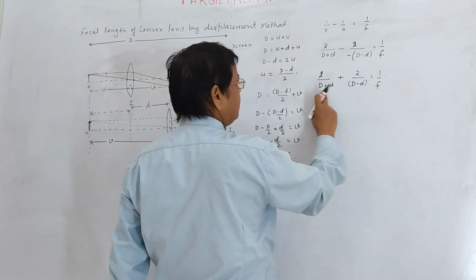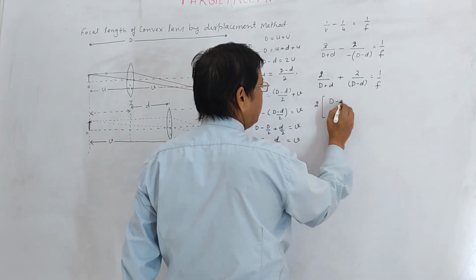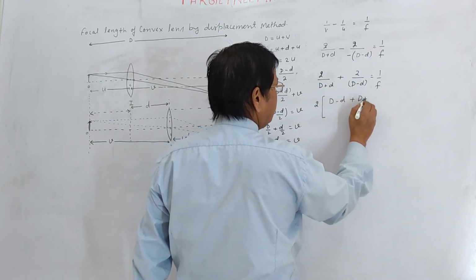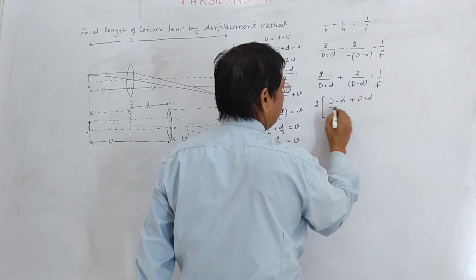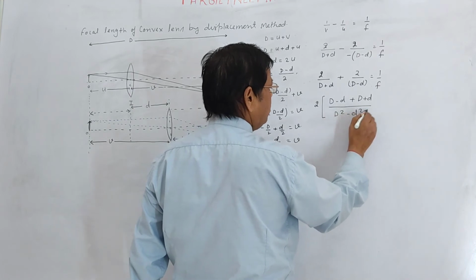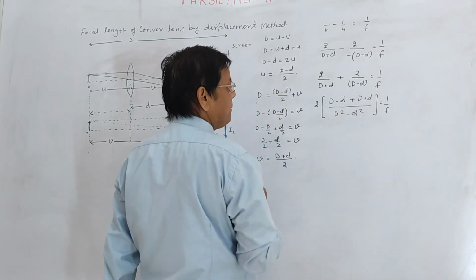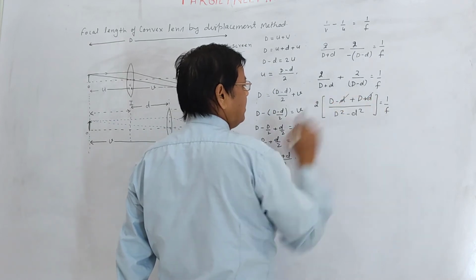Now if you take the LCM of this, take 2 common. So it is D minus d plus D plus d upon this into this, that is capital D square minus small d square, is 1 by f. Now small d gets cancelled.